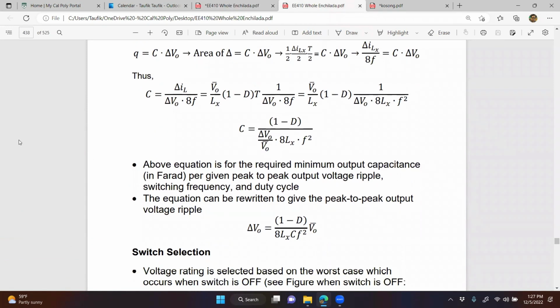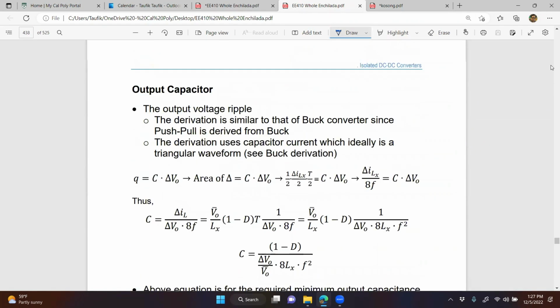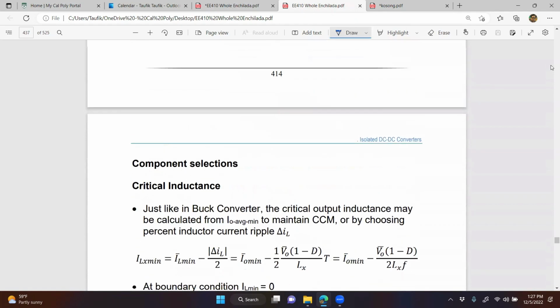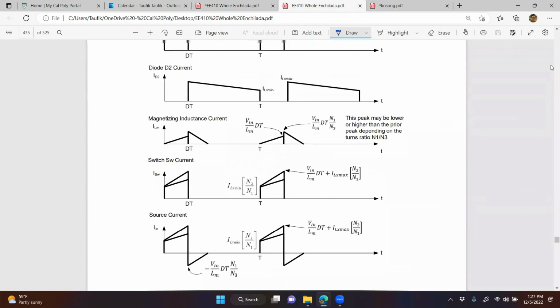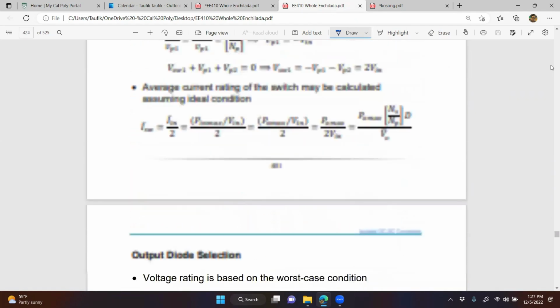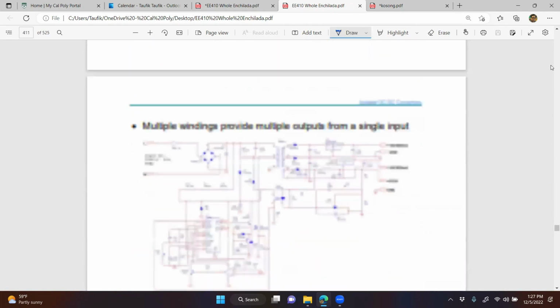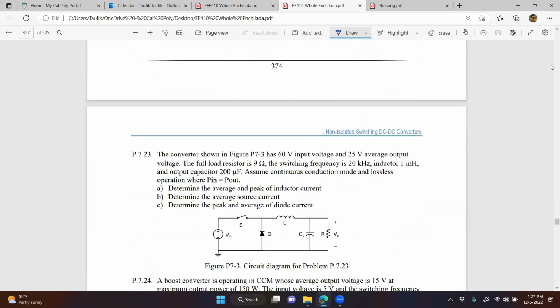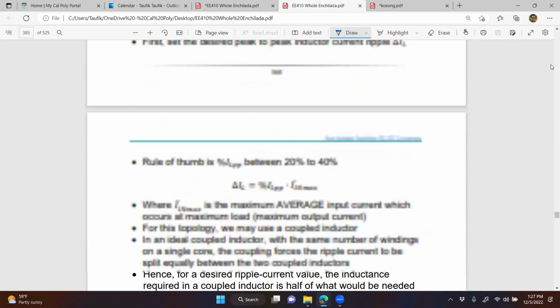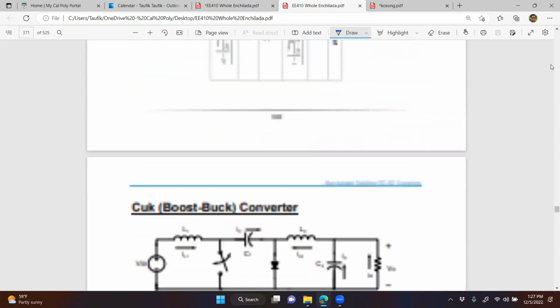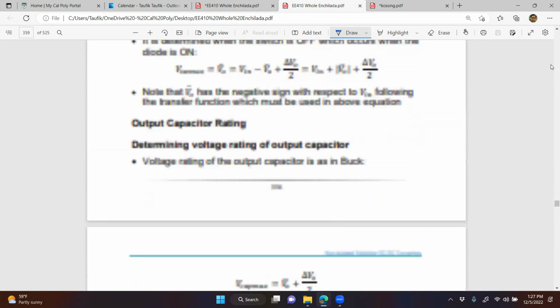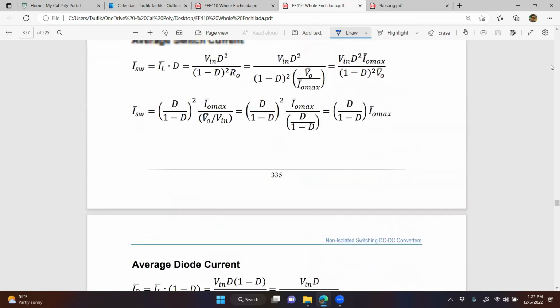Is this right here? I think it's input capacitance that usually does that. No, right here. Is this buck or what is this for? I believe this is buck, right? No, this is not buck. Let's go to buck converter. Output capacitor.